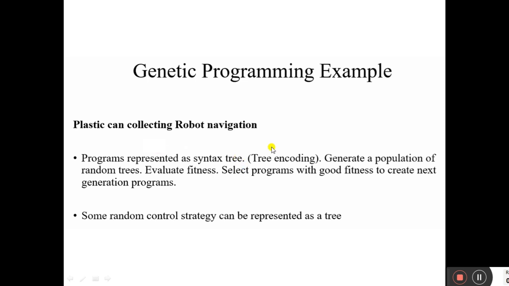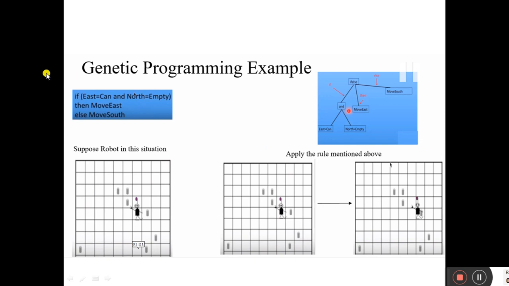For example, if I take this example of the robot, if in the east location a can is available, in the north location empty, then move east, else move south. See here in this example, in the chart, in east a can is there, north is empty, so both are ANDed together.